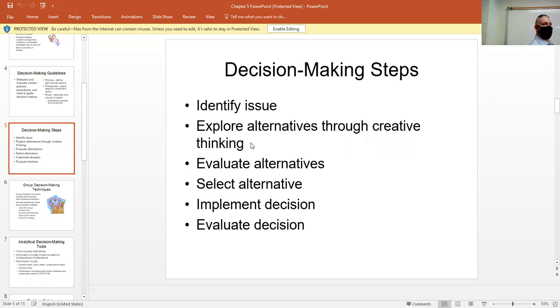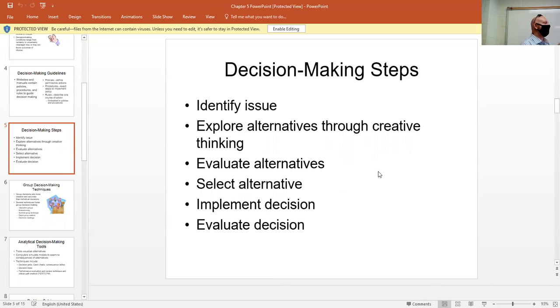Then you look at what your alternatives are. What are our choices? Evaluate each one, look at pros and cons, which is going to be the best. Your decision might be based on which one has the potential absolute worst outcome. You know, if we cut the yellow wire, everything's going to blow up.